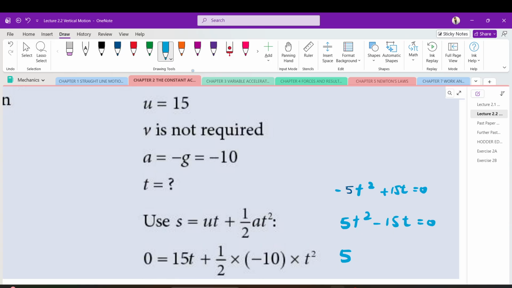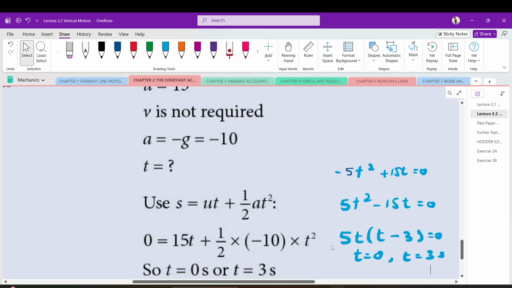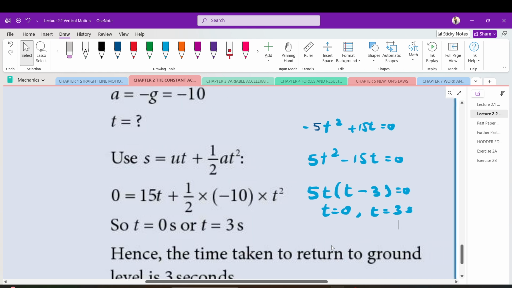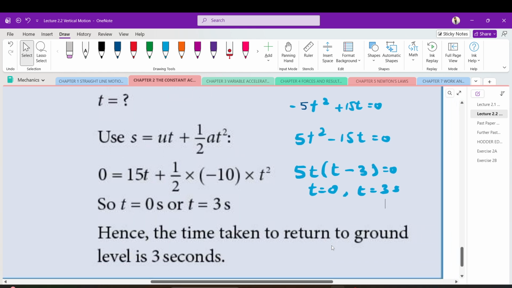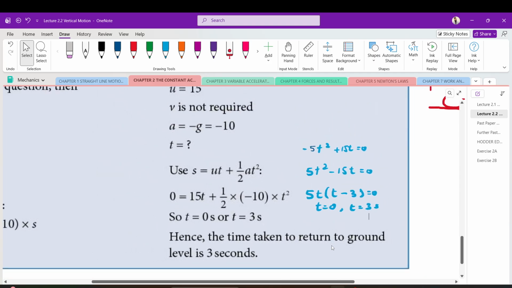If I take 5t common, that would be t minus 3 equals 0. Therefore, one of the answers is t equals 0, the other is t equals 3 seconds. So my answer will be t equals 3 seconds. Hence, the time taken to return to ground level is 3 seconds.